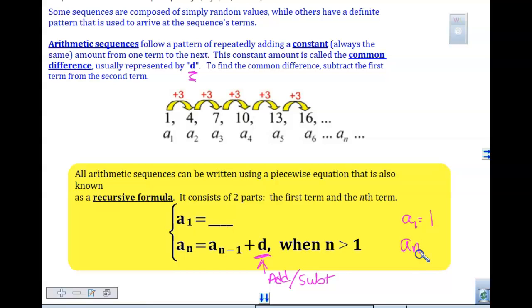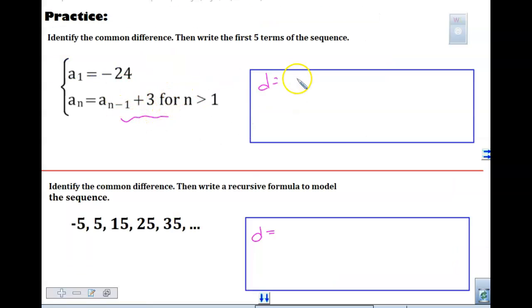Then I'm going to put A sub n is equal to the previous, A sub n minus 1. And as I'm looking at that, Larissa, what happened each time? So plus 3, and then we're going to put for n greater than 1. And you're done. That's it. And what? Adding 3. Common difference is to add 3.